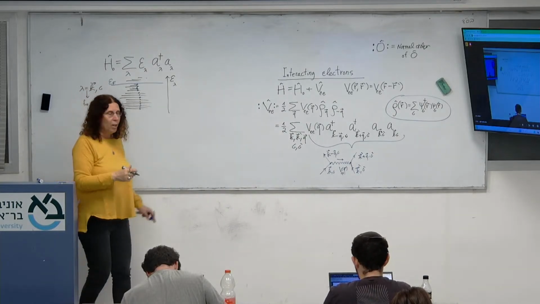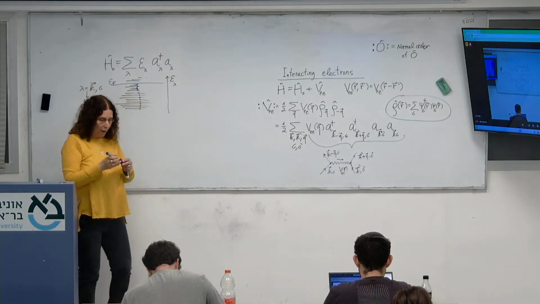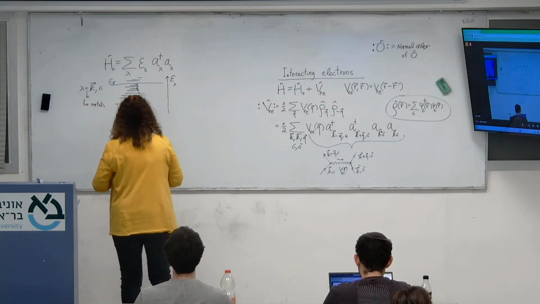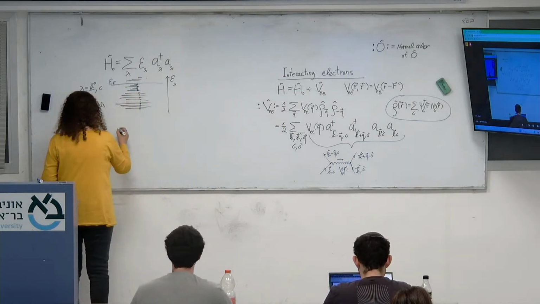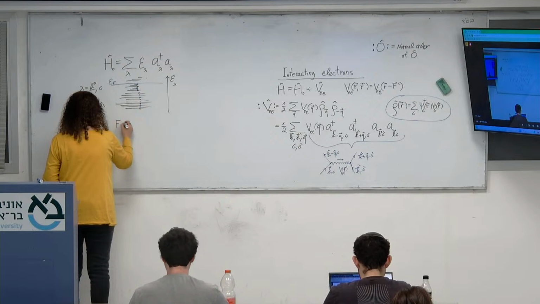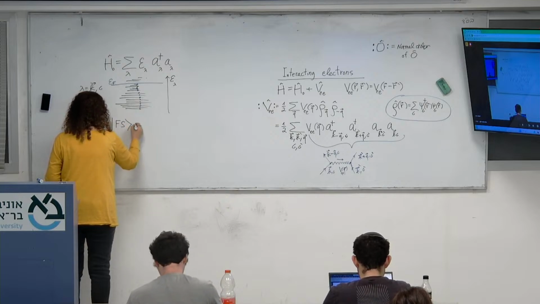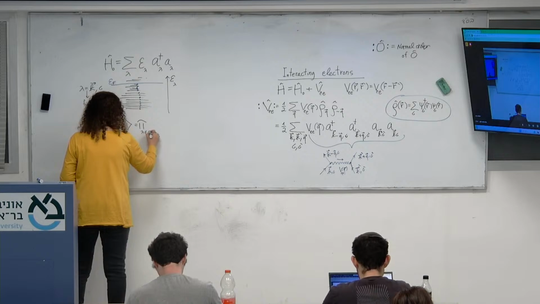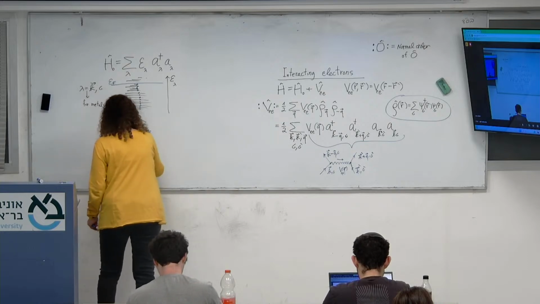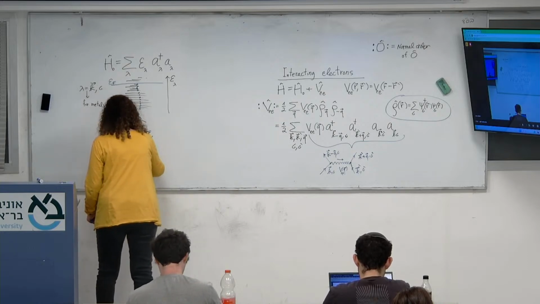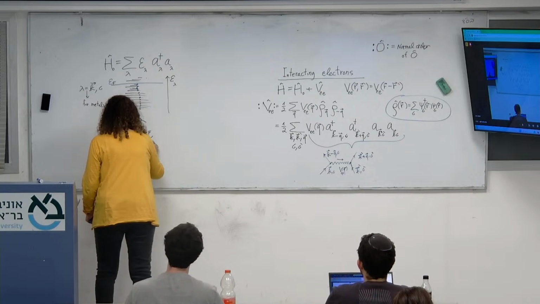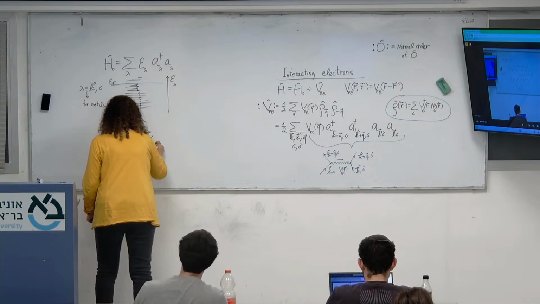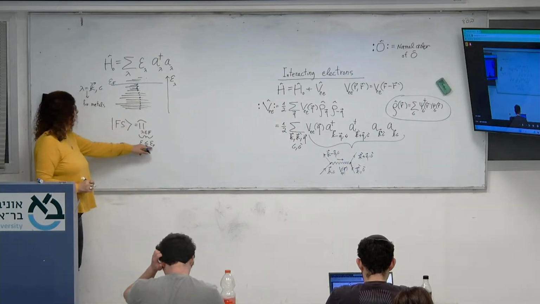Okay, so the ground state is a product over lambda, let me write it like this, where the meaning of this is that the energy is smaller than E Fermi.